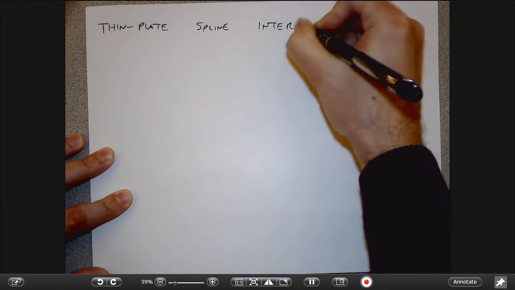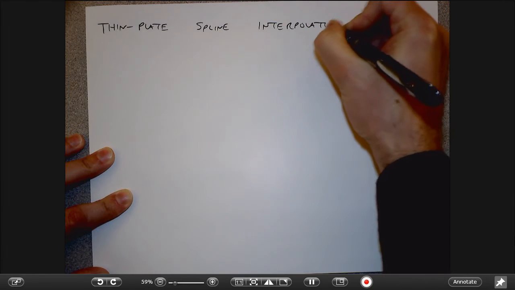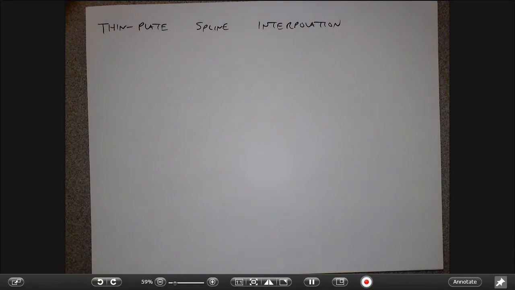Also, just as a side note, this gets its name from what would happen if I took a piece of metal and fixed it at a bunch of known points, and asked what shape the piece of metal takes in between those points. It turns out that the shape it takes is called a thin plate spline, which tries to minimize a physical bending energy.